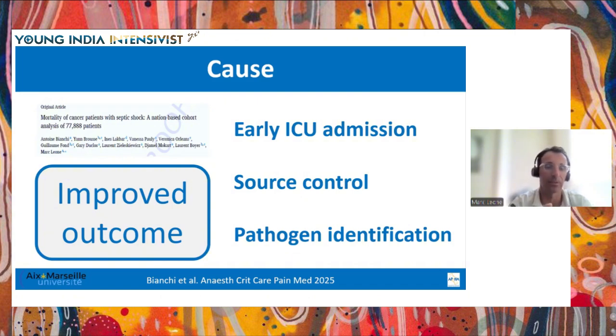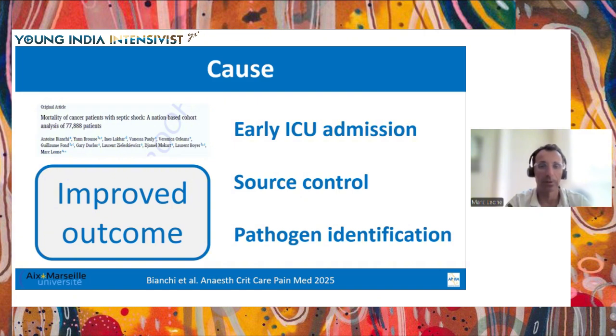And what we found is that early ICU admission, but that's another point, early source control and early pathogen identification are strongly associated with improved outcomes, so decreased mortality in this study. It's very important to know which is the source and which is the pathogen. If you don't know the source and the pathogen, you cannot give the good, adequate and efficient treatment. So know the source, know the pathogen.